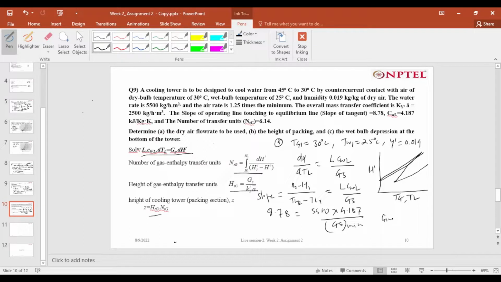Yes, 623 kg per hour meter square. Now here it mentions the actual air rate is 1.25 times the minimum.